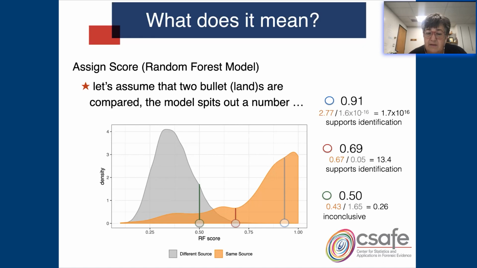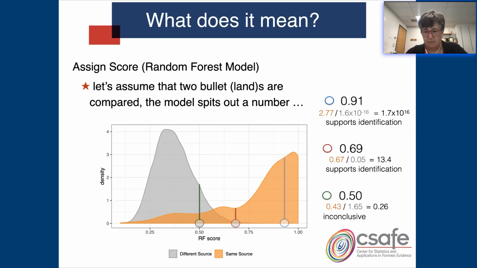That's the likelihood that a value of 0.5 comes from a same source compared to the likelihood of coming from a different source. That's 1.65. So that gives us a 1 in 4 chance, essentially, that a score of 0.5 comes from a same source comparison rather than a different source comparison.